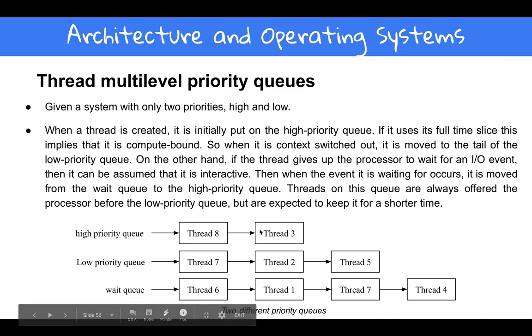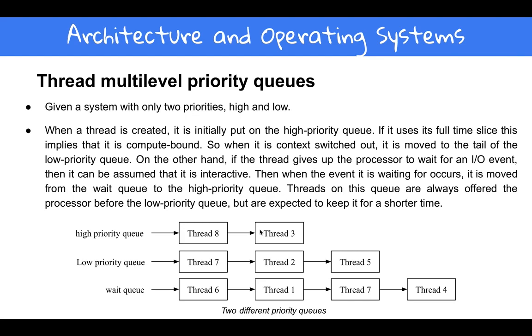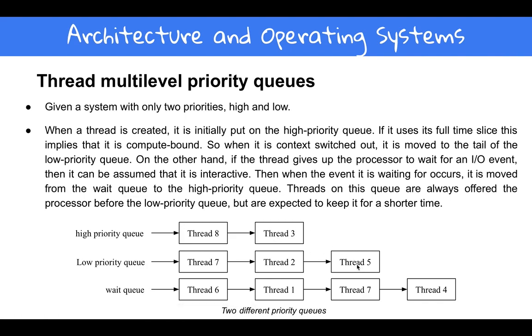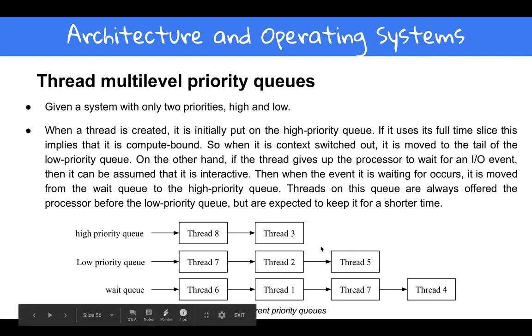If it used all its time, it means that it's not that important, because if it was important, it would have been executed. So the scheduler brings it back to the low priority queue. The high priority goes first, and then the waiting queue will be called by the CPU.